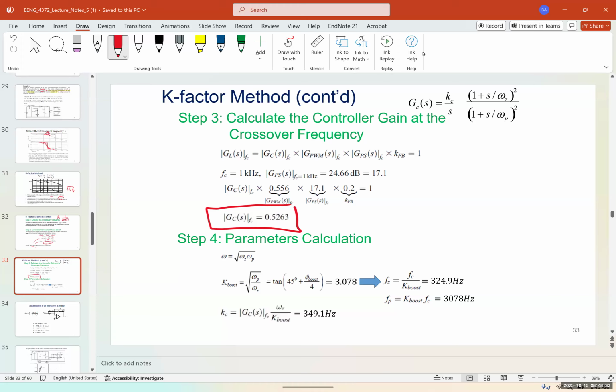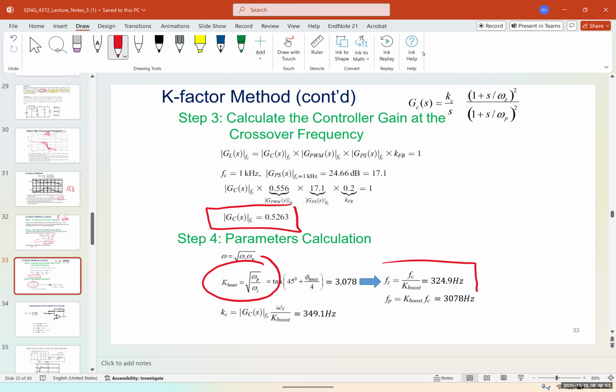And we calculate the other parameters. Omega is going to be the square root of omega z times omega p. Therefore, K boost is going to be omega p over omega z, going to be tangent of 45 degrees plus phi boost over 4, which gives us 3.078.